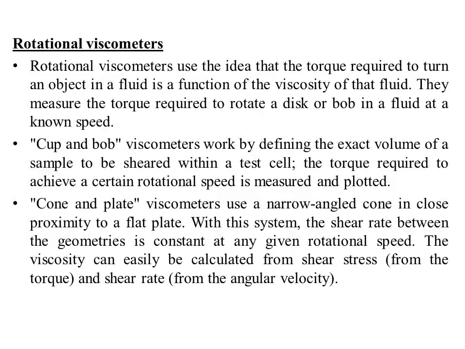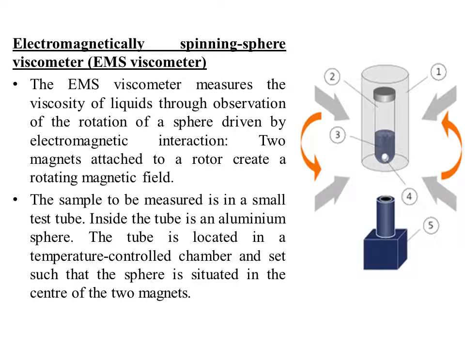The viscosity can easily be calculated from the shear stress, from the torque, and the shear rate, that is from the angular velocity. So you can measure the two forces and then from that you can determine the viscosity by using rotational viscometers.